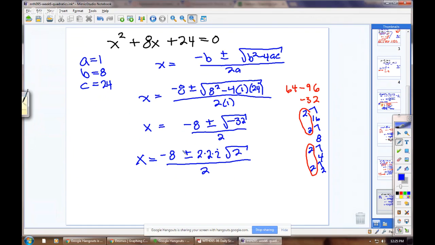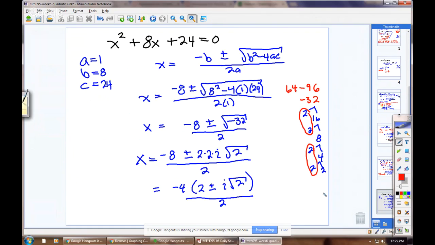I can factor a 4 out of the numerator. So 2 times 2 is 4. And well, we could take a negative. Suppose I take negative 4 out. Negative 4 goes into negative 8 2 times. Plus or minus, minus or plus, that doesn't change much. 4 is gone, so I get i times the square root of 2, all over 2.